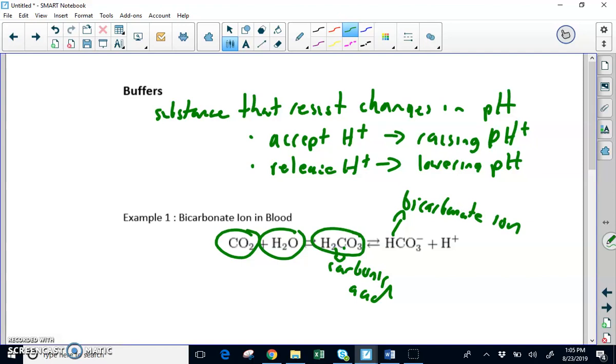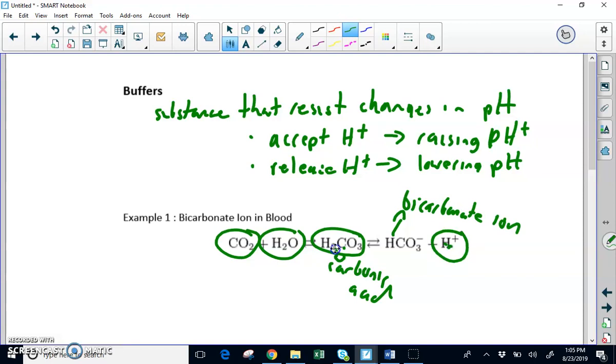Now, what's special about carbonic acid is that it's a buffer, because it can act both as an acid and a base. Let's say, for example, that for some reason your blood gets too acidic. That means you want to get rid of the H+, or get rid of this side of the reaction. You don't want this in your blood.